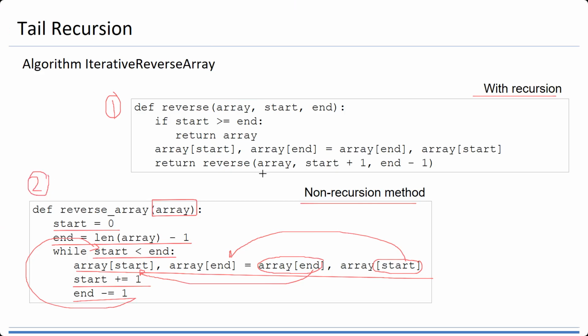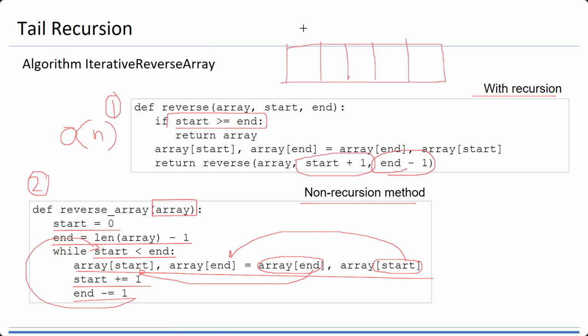If you look at those operations, both of them, they have O and they will do the operation at least for n time. But if you look at this one, the start and n. If you look at this start plus 1, n minus 1, we have the 5 elements before.